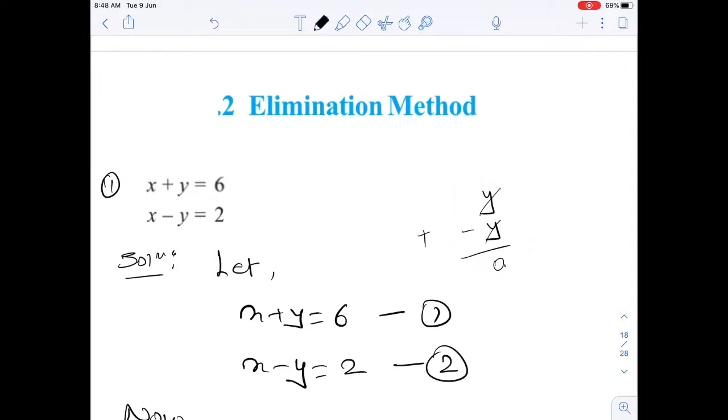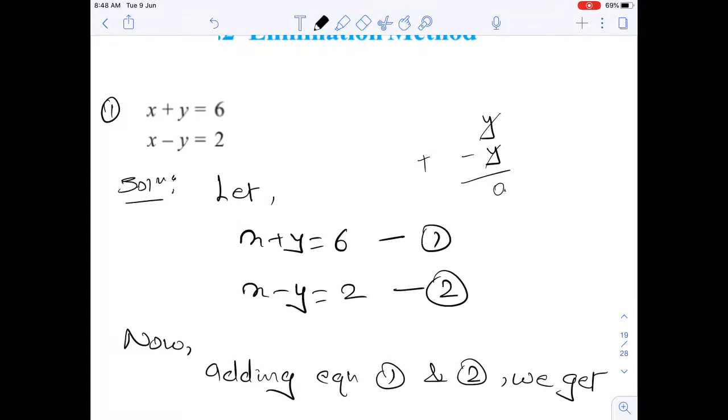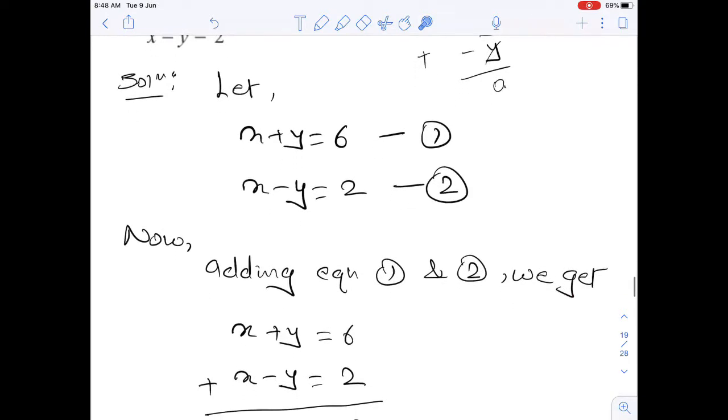So for eliminating y, it is easy for us to add these two equations. Adding equation 1 and 2, we write the first equation as it is, then we write the second equation.